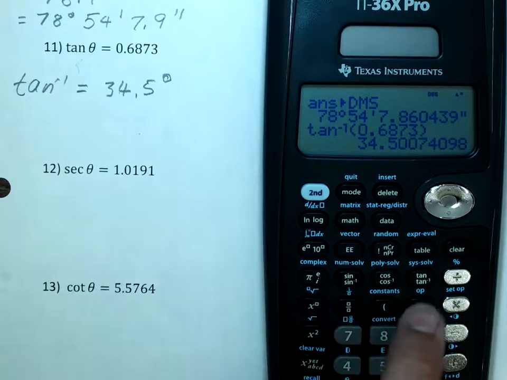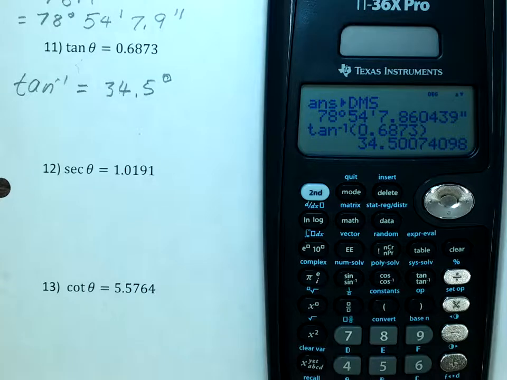Again, there's no inverse secant button, so we have to go down to this next set. So secant is cosine, inverse cosine of 1 over that number. I'm going to take the inverse cosine of this number. Let's write it down so we can see what we're doing.